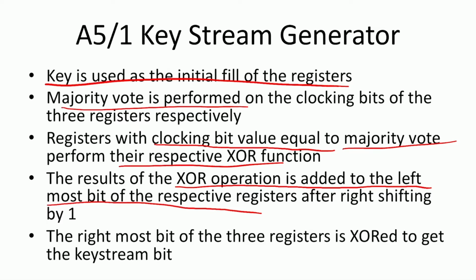And the final step is that we take the rightmost bit of all 3 registers, whether it is active or not, and then we XOR them together to get our key bit for the current plain text bit or the current ciphertext bit.